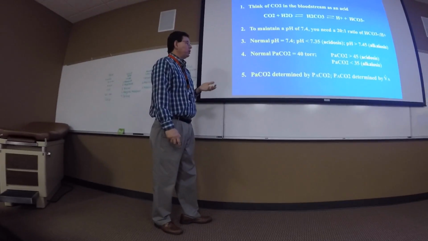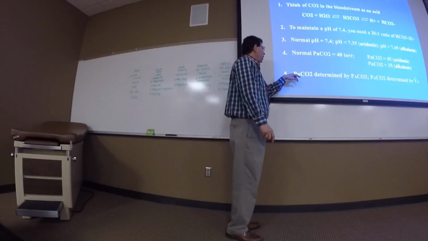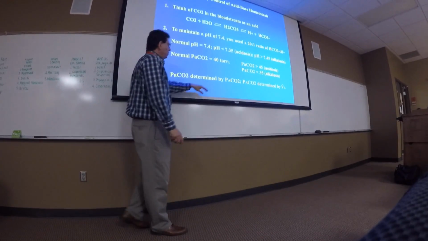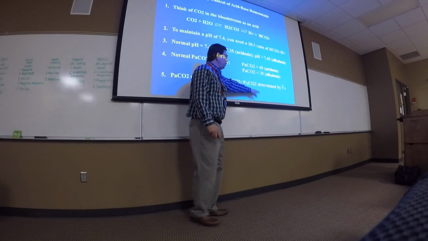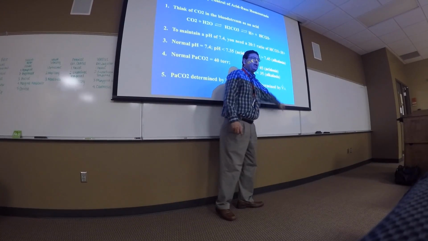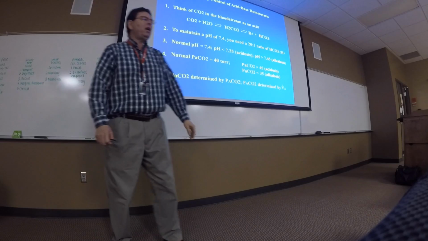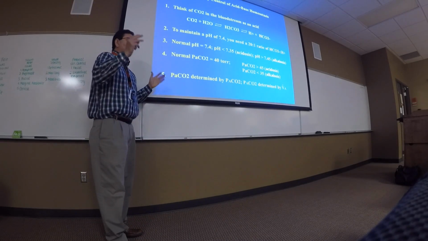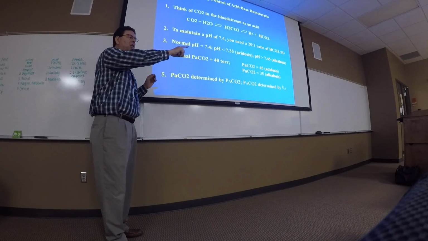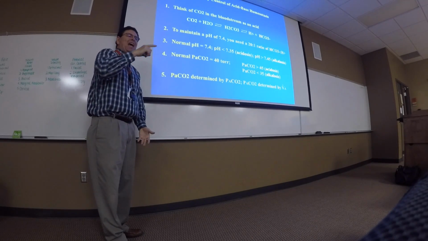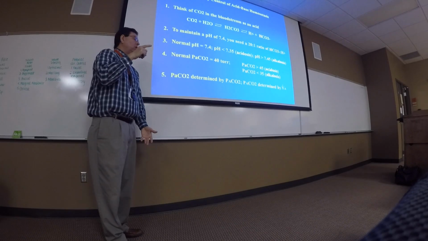The partial pressure of arterial CO2 is determined by your alveolar CO2, and alveolar CO2 is determined by alveolar ventilation. The faster you ventilate, if I just stand here and hyperventilate, I'm going to be exhaling CO2 faster than my metabolism is producing it.